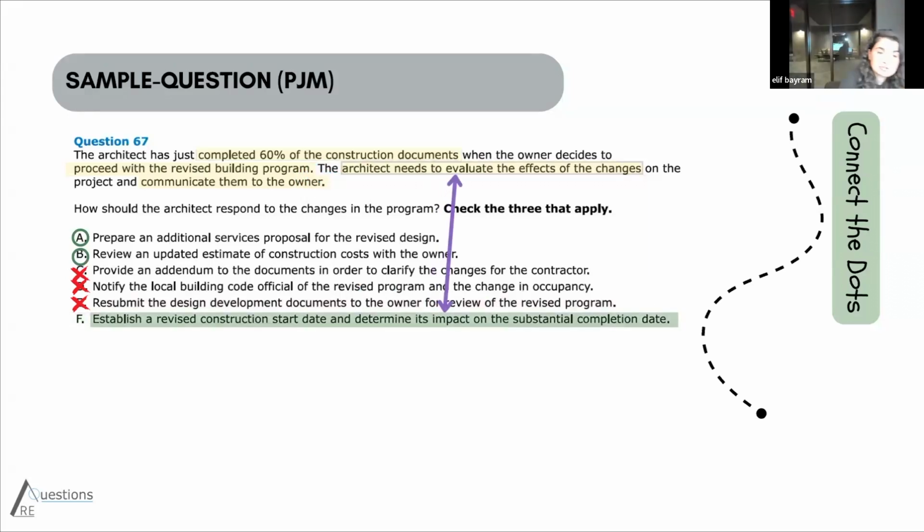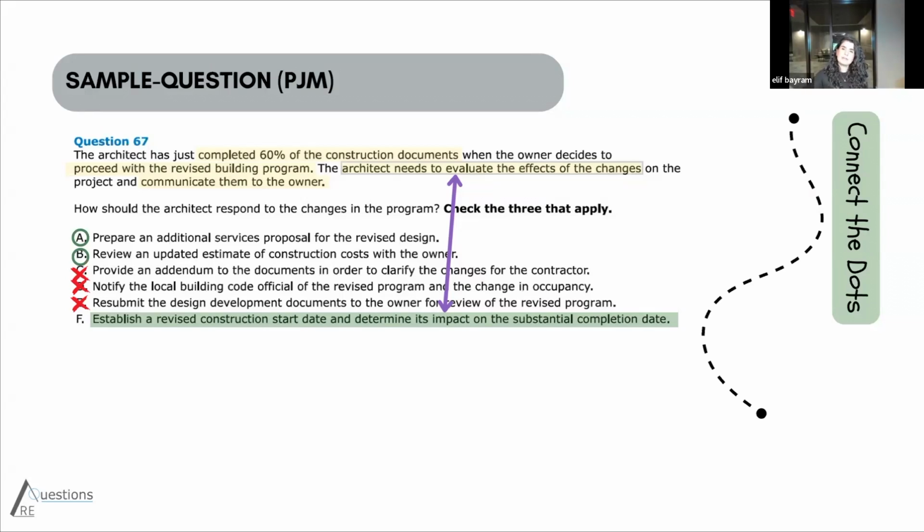And the last one says, though, establish a revised construction start date and determine its impact on the substantial completion date. So when you need to do this kind of revision, you will need time, obviously, because you are already at 60%, but this is going to create a setback because it's revised now. It will also impact the entire project schedule, including the construction start date or substantial completion.